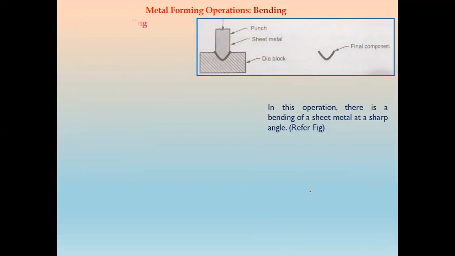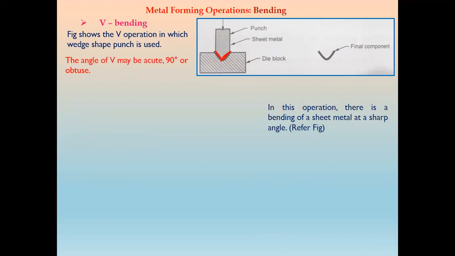Now we have the next operation, called V bending. The only difference is that the figure shows the V operation in which a wedge-shaped or V-shaped punch is used. The punch has a V-shaped structure.